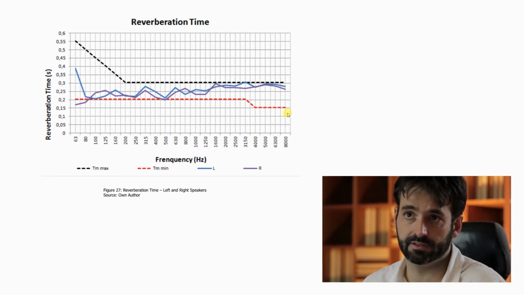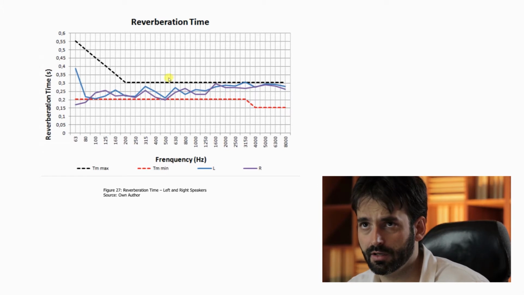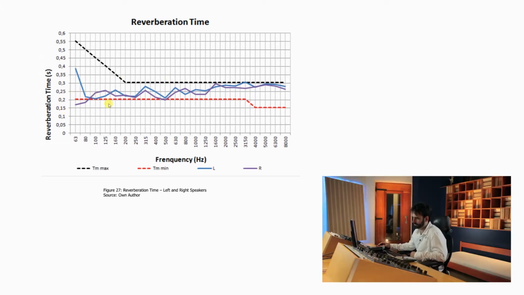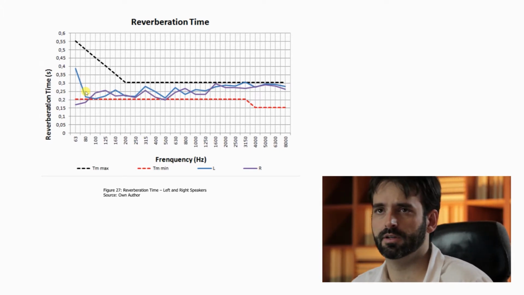The tolerance, again. The reverberation time is within or very close to the recommended tolerance range. We have just in here, at 60 hertz, and on the right side just a little bit, 0.05 seconds more.